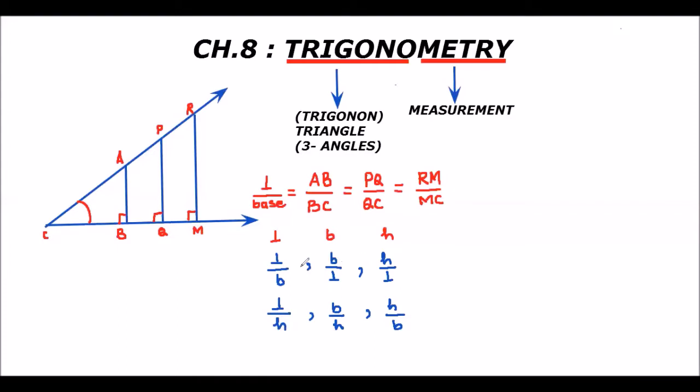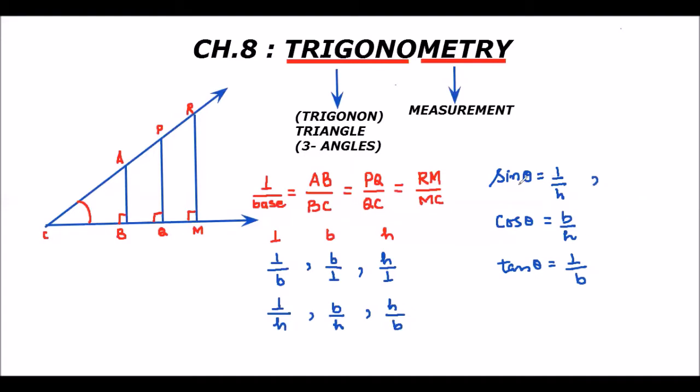Then comes how to distinguish these ratios. So they gave them different names: sine theta is equal to perpendicular upon hypot, cos theta is given by base upon hypot, and tan theta is given by perpendicular upon base, and their reciprocals are represented by cosec theta, sec theta and cot theta.